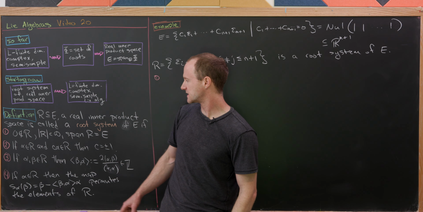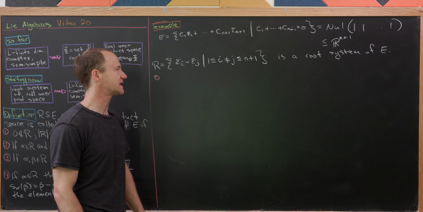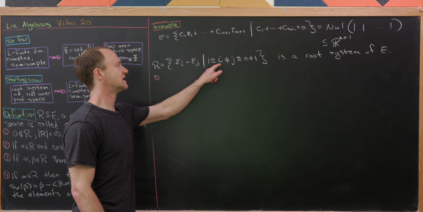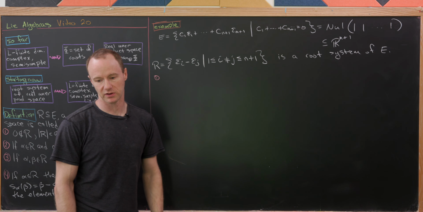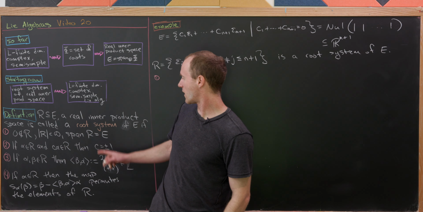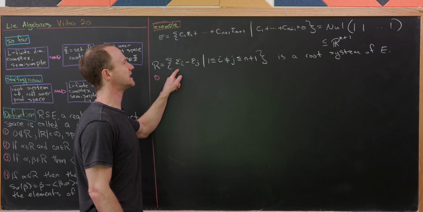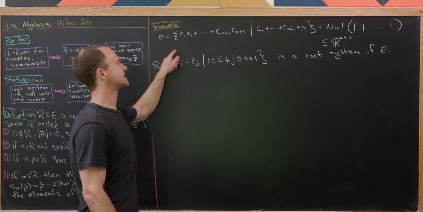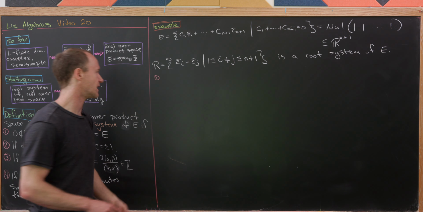And then what about this next one? R contains finitely many elements. Well, yeah, it most definitely contains finitely many elements, just based off of the fact that you can only choose i and j from the numbers between 1 and n plus 1. And then, well, the span of R is E. Well, that's pretty clear. You can maybe easily show that via a standard linear algebra exercise.